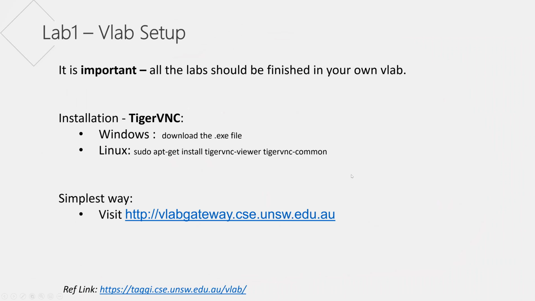Let's have a look at Lab 1. Before we do Lab 1, just make sure you know what VLab is, because this is very important for our lab submission. All the labs should be done under the VLab environment instead of your own computer.